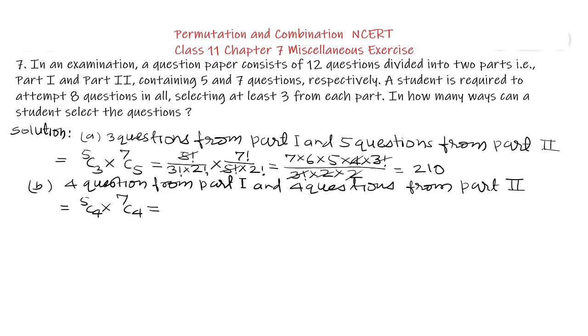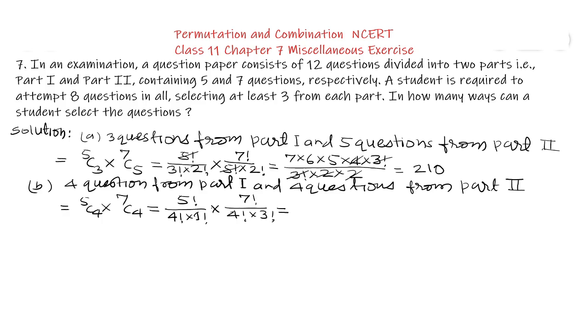This is equal to 5C4 can be written as 5 factorial upon 4 factorial into 1 factorial, multiplied by 7C4 is 7 factorial upon 4 factorial into 3 factorial.